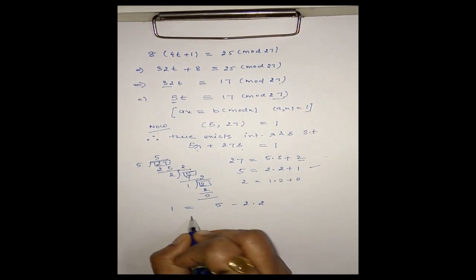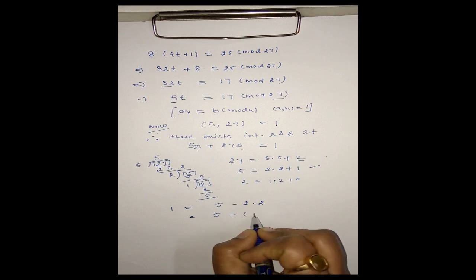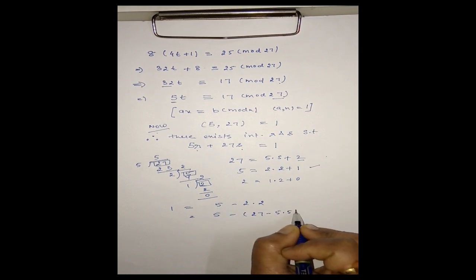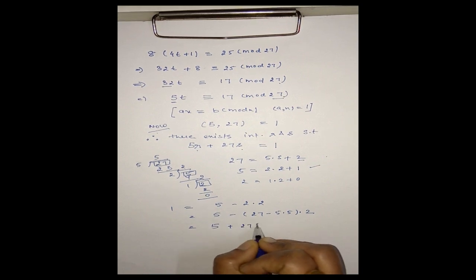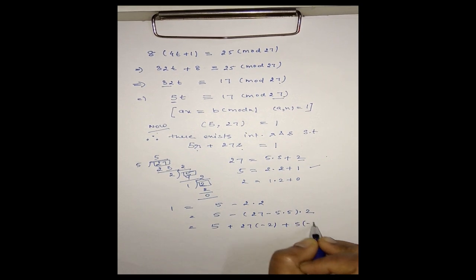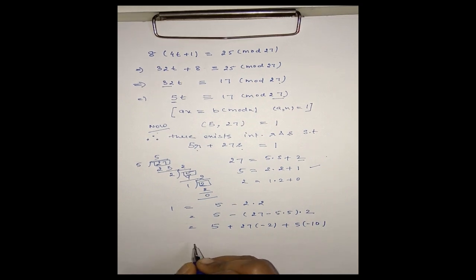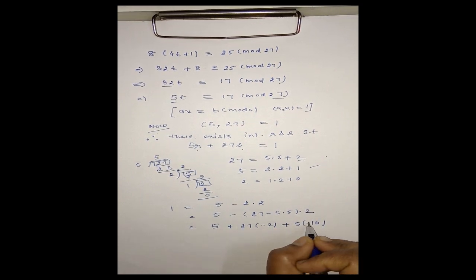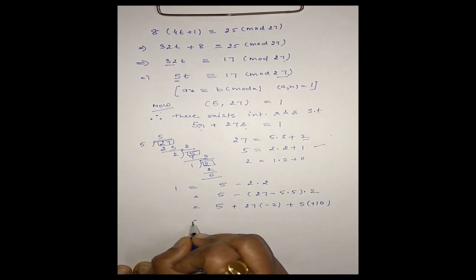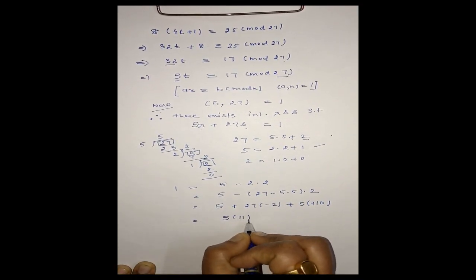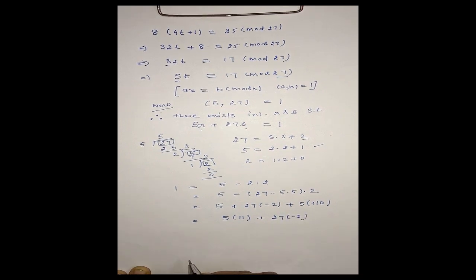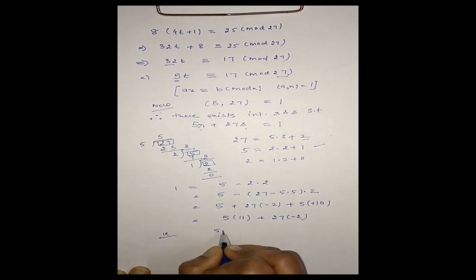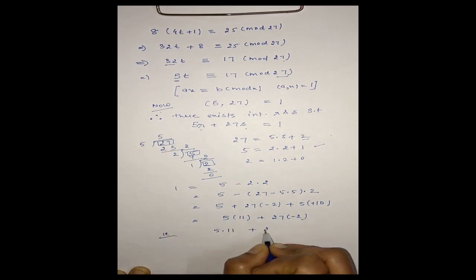Now substituting the value of 2 from the first equation, we have 27 minus 5 into 5, that is 5 plus 27 into minus 2 plus 5 into minus 10 or plus 10. Okay, now this is equal to 5 into 11 plus 27 into minus 2. Okay, that is 5 into 11 plus 27 into minus 2 is equal to 1.